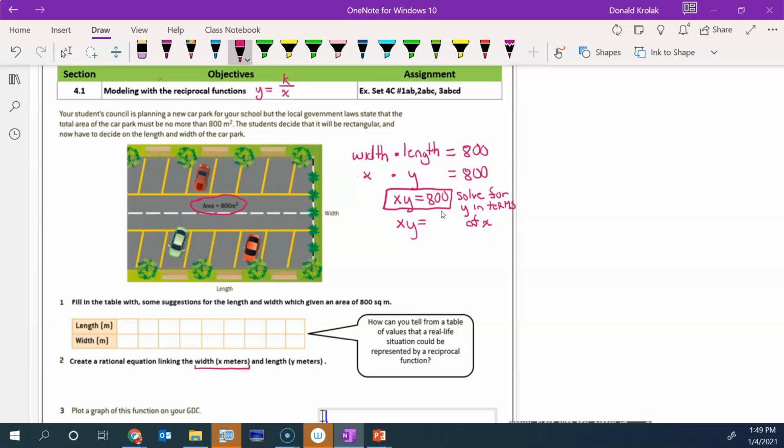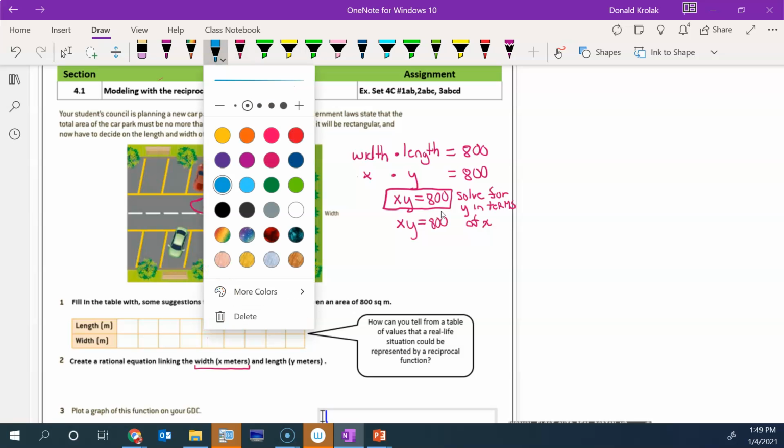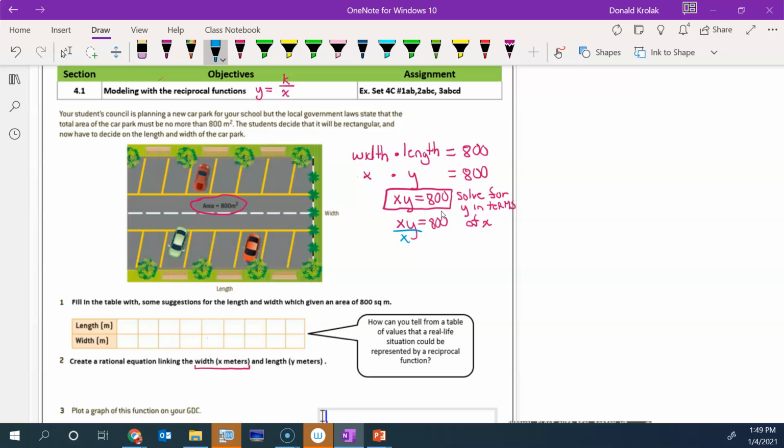So I would have y equals 800 over x. And now I have the reciprocal form. This is a reciprocal function.